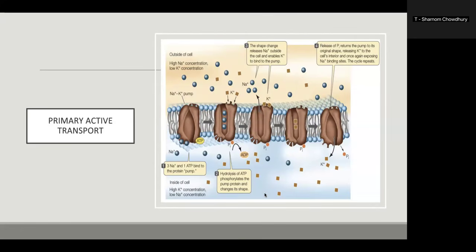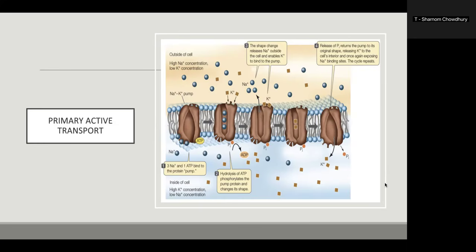Secondary active transport is whenever an electrochemical gradient happens, it can use that electrochemical gradient to move solutes against their concentration gradient. So here, primary active transport moves sodium out of the cell using ATP. Now that there's more sodium out of the cell, it creates an electrochemical gradient that can help push other ions into the cell.